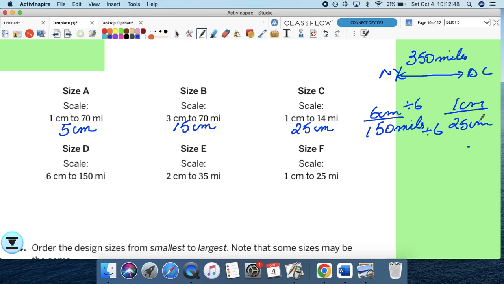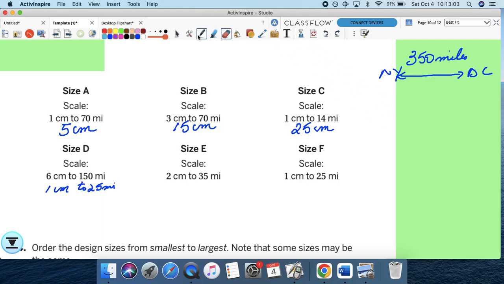So instead of saying 6 centimeters to 150 miles, I'm going to say 1 centimeter to 25 miles. And notice that D and E are going to be exactly the same, so that will save me some time because I'm not doing it again. So 1 centimeter is 25 miles.